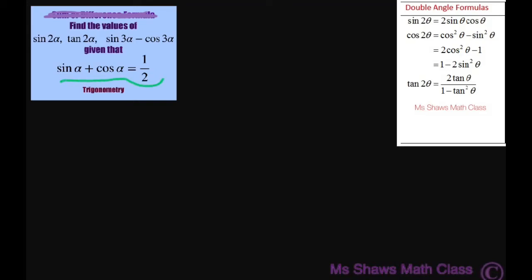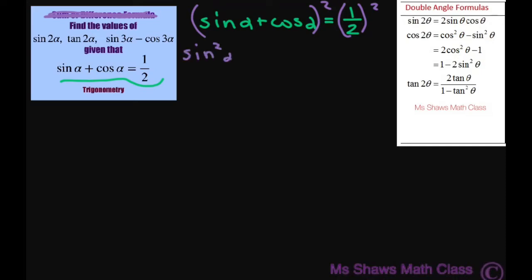So let's look at this first. If I take sine of alpha plus cosine of alpha equals 1 divided by 2, and square both sides, this is your perfect square trinomial, so you get sine squared of alpha, plus 2ab, so that's plus 2 sine of alpha cosine of alpha, and then when you square this, you get cosine squared alpha.